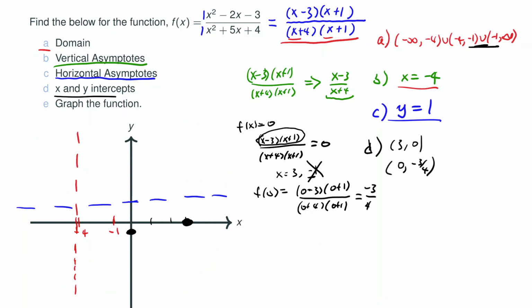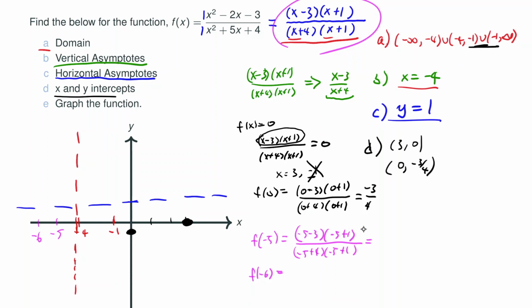So we can try some points. We can plug some points. Maybe we can plug in -5 and -6 to see what value we get in the function. So if I plug in -5 and -6, what do I get? And they will kind of tell us the trend of the graph. Okay, so I can plug it here. Get -5 minus 3, -5 plus 1 over -5 plus 4, -5 plus 1.